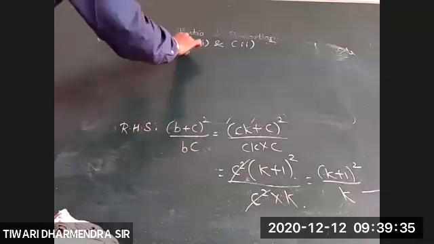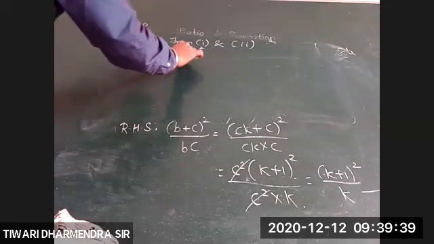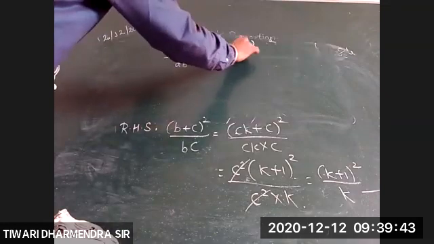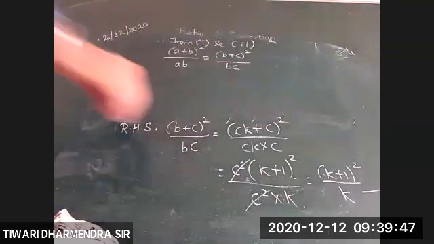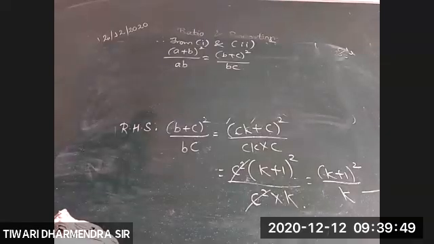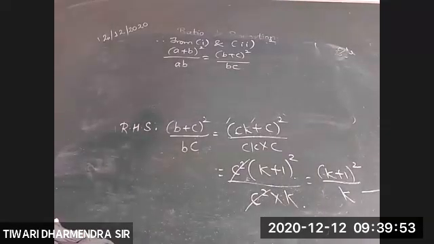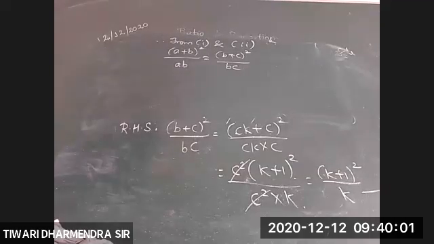That is A plus B the whole square divided by AB is same as B plus C the whole square when divided by BC. Hope you have understood this K method also. So as you can see that it was very easy to solve the problems using K method.